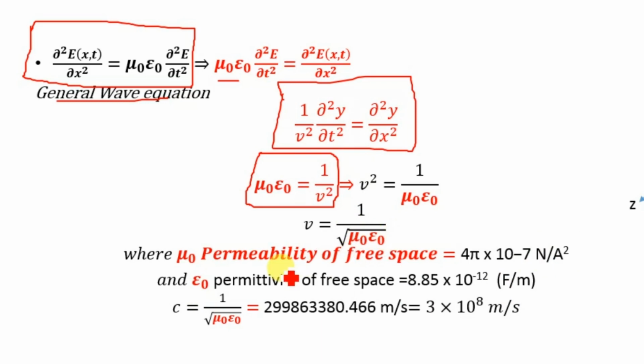Epsilon naught is the permittivity of free space, also a constant, and its value is 8.85 multiplied by 10 power minus 12 farad per meter. Putting the values for mu naught and epsilon naught and solving, we will get the speed of light is equal to 3 multiplied by 10 power 8 meter per second.